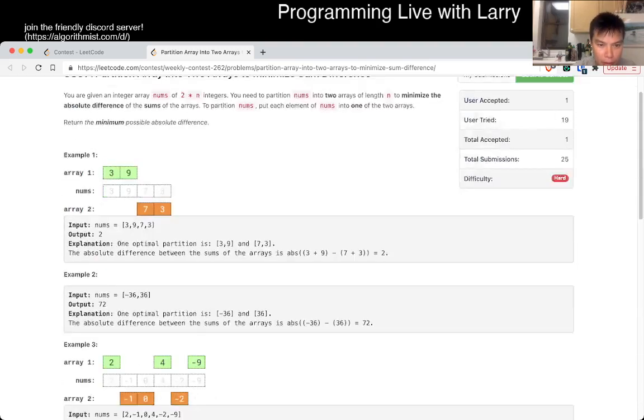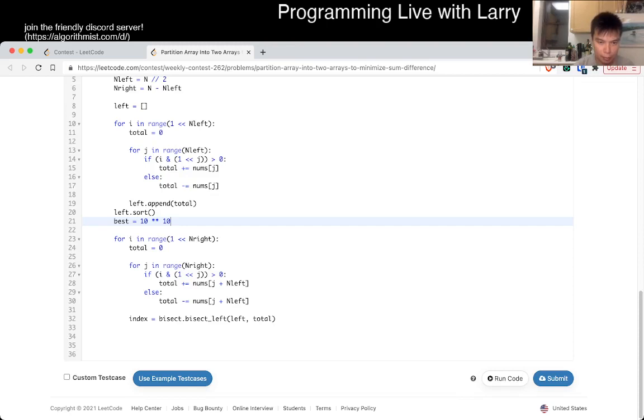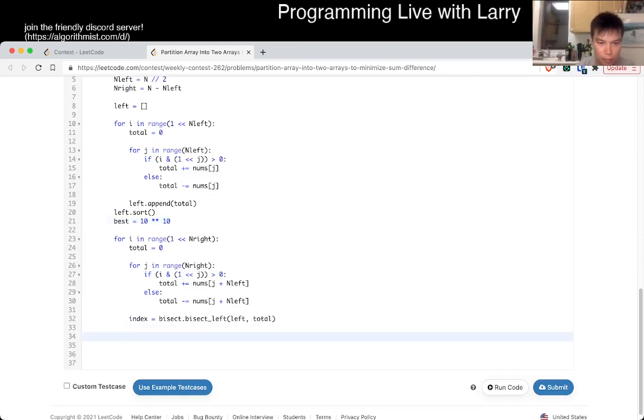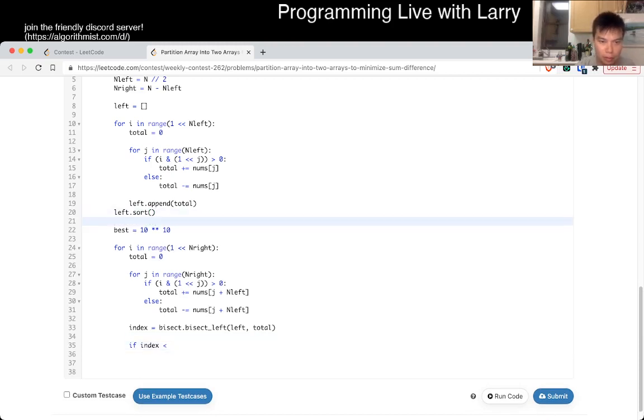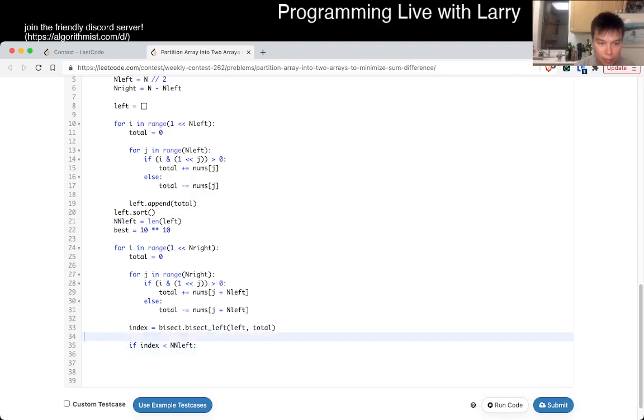The answer is always possible. Absolute difference.